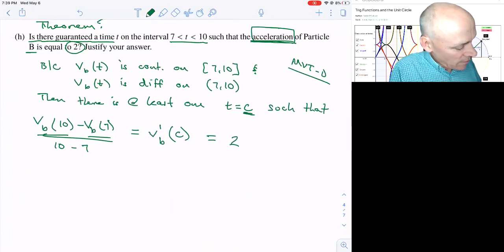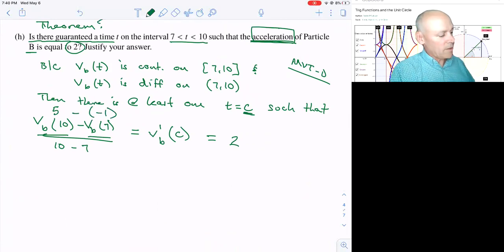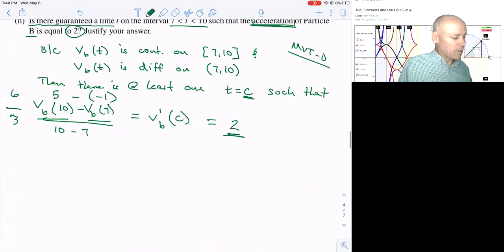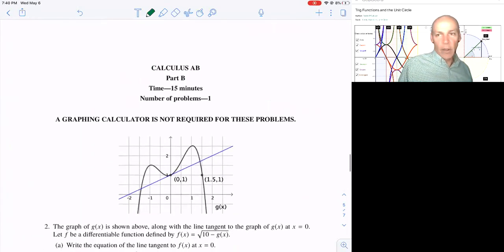So this is 5 minus -1, and the good news, 5 minus -1 is 6. 10 minus 7 is 3. 6 divided by 3 is 2. We're good to go. Awesome. Okay, that was part H. That was all of question 1.